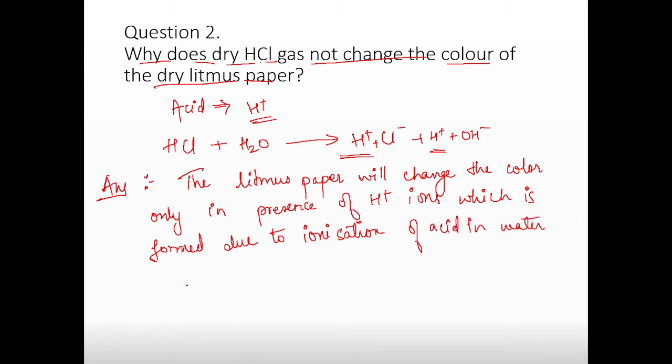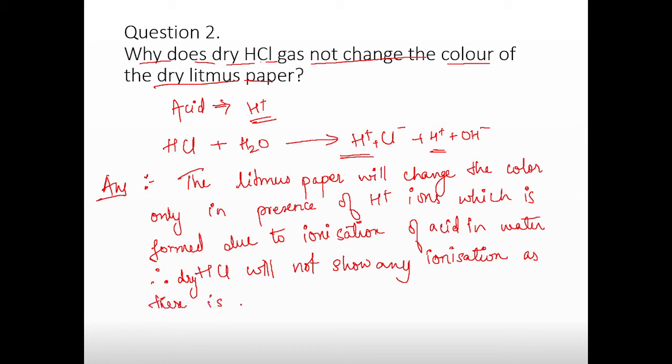Okay, therefore dry HCl will not show any ionization, as there is no water, and hence there will be no change in color of litmus paper.